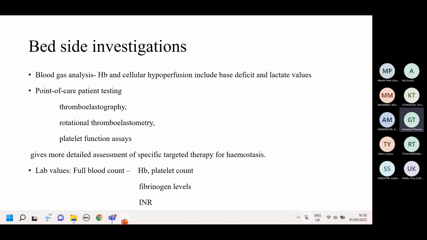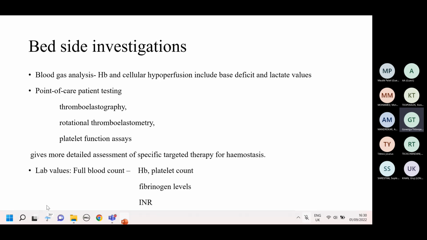From this testing, you can get a specific, detailed assessment of coagulation, and you can target specific therapy for hemostasis. So you can treat the patient specifically with the results.